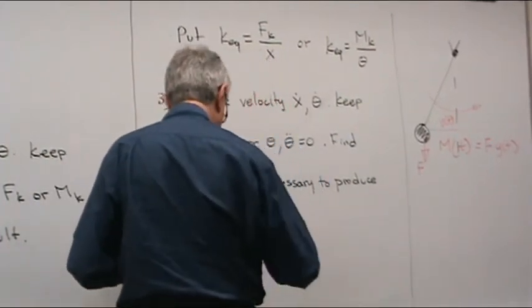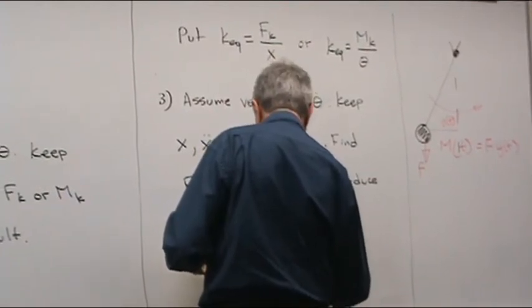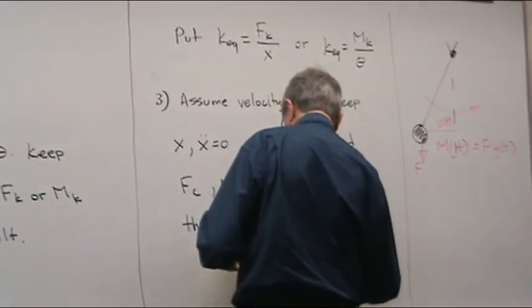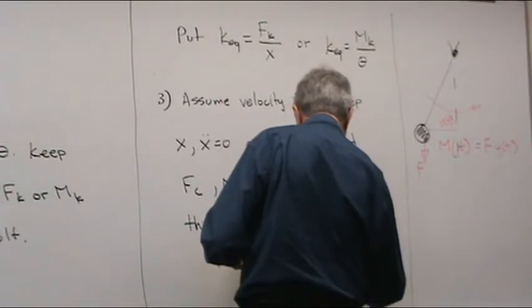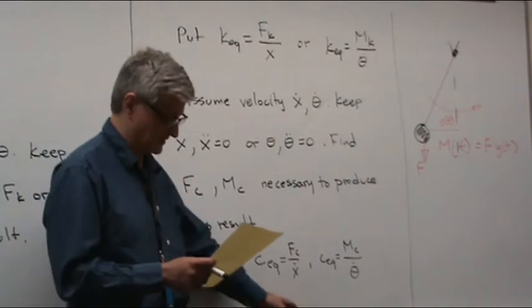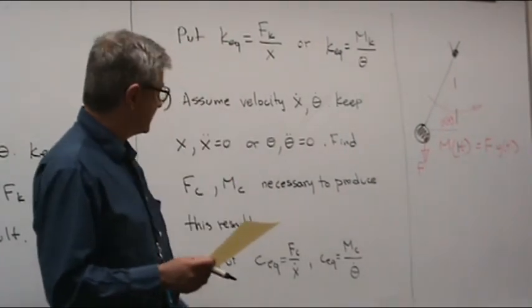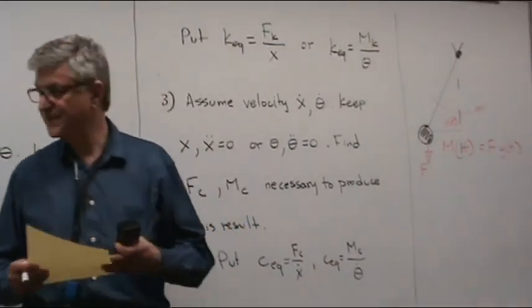So equivalent damping is Fc over the velocity, or if you deal with rotations, the moment Mc divided by the angular velocity. Okay, so this is for the terms that have to do with damping.